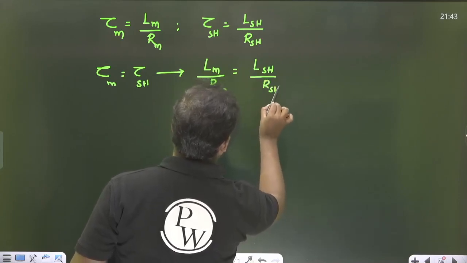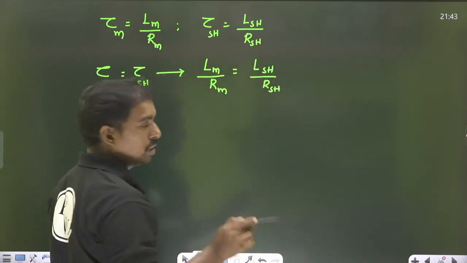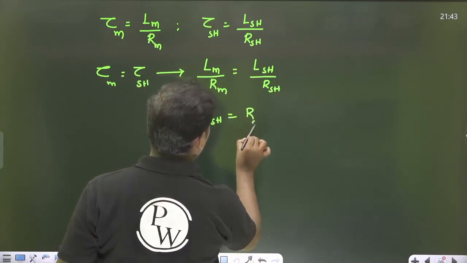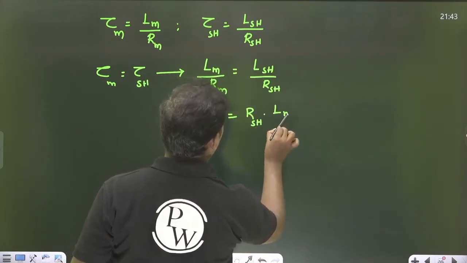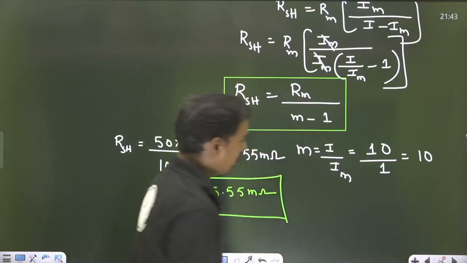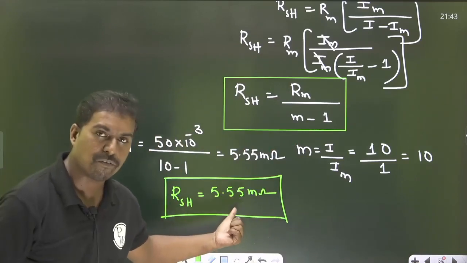LM is already there in the question, so you can find out LSH. LSH is equal to RSH into LM by RM. RSH you have just calculated, that is 5.55 milliohms.